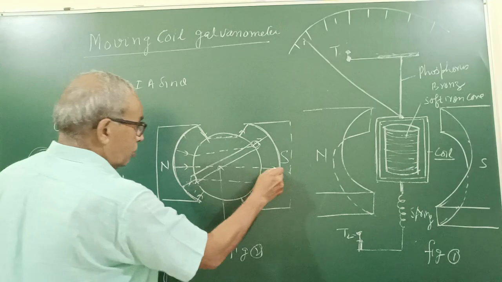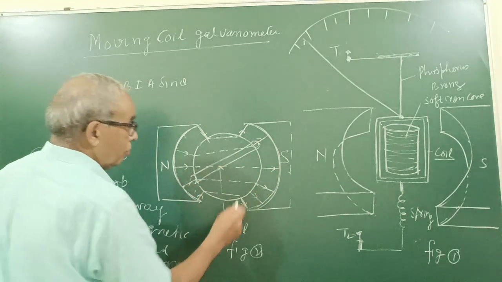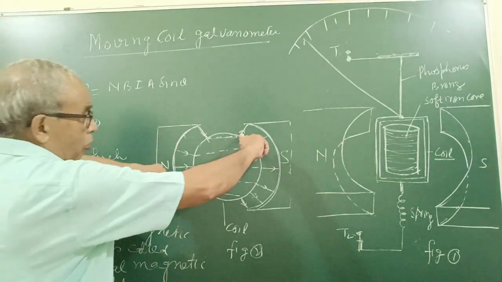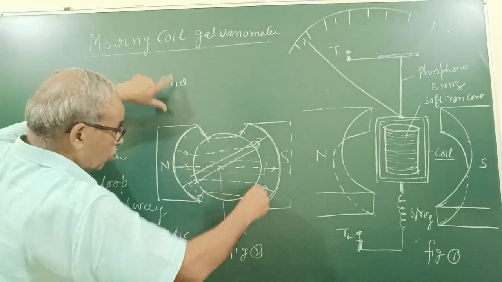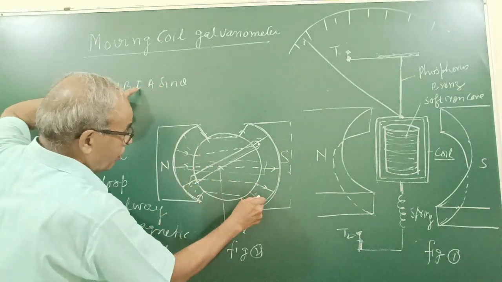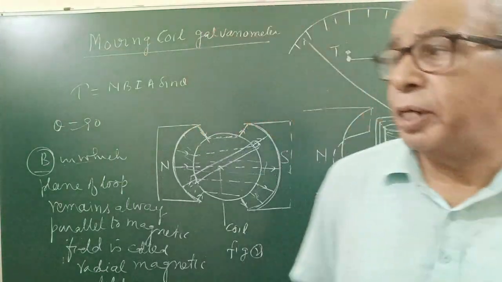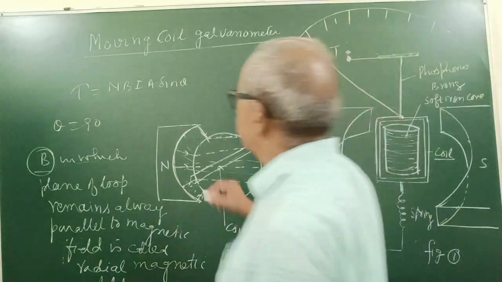When we place the coil, this is the plane of the coil. When it rotates, suppose it rotates like this, these field lines remain parallel. If it rotates further, these field lines remain parallel. So the magnetic field lines remain parallel, and the coil experiences maximum torque.